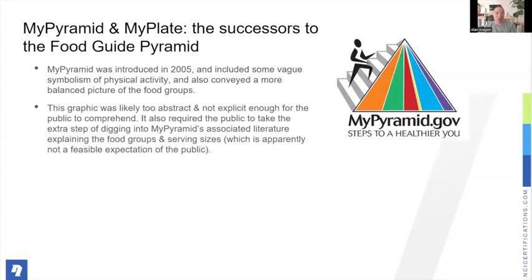It also required the public to take the extra step of digging into the pyramid's associated literature and links, and it required a bunch of reading. And the literature explained the food groups and serving sizes, and apparently this digging and reading into the links was just not feasible.